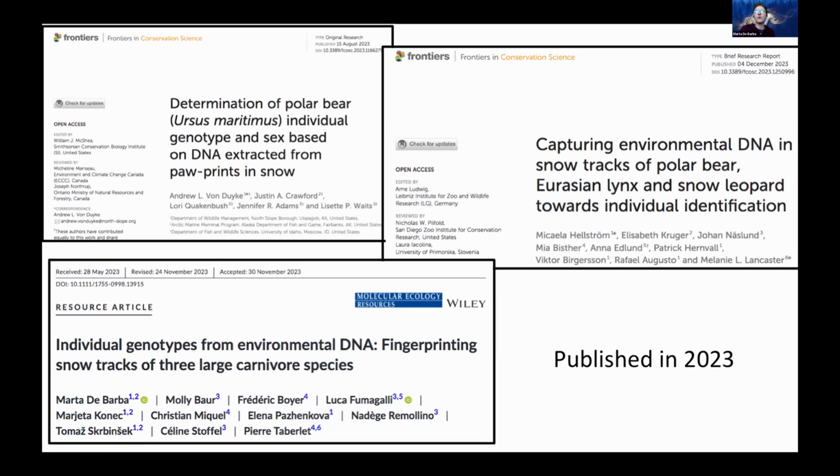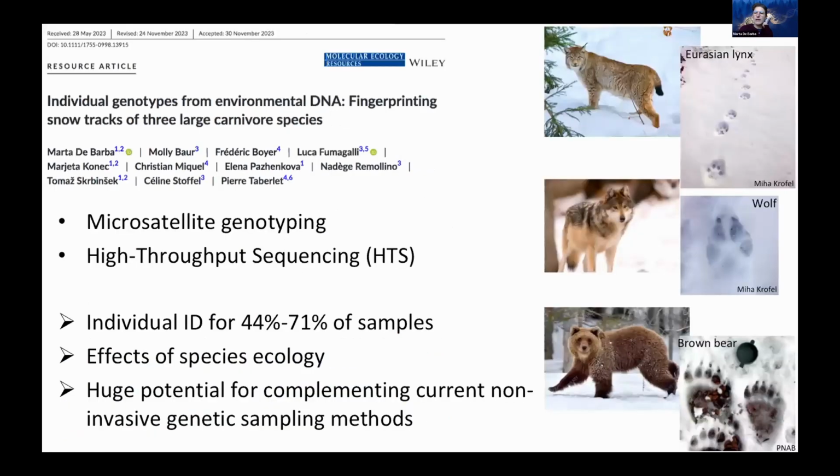This indicates how the technologies or methods were not there yet, and the improvements made during this time now allow us to do what was not possible just a few years ago. So Melanie will talk extensively about this in the next presentation. I just wanted to mention very quickly what we've done in our research group.